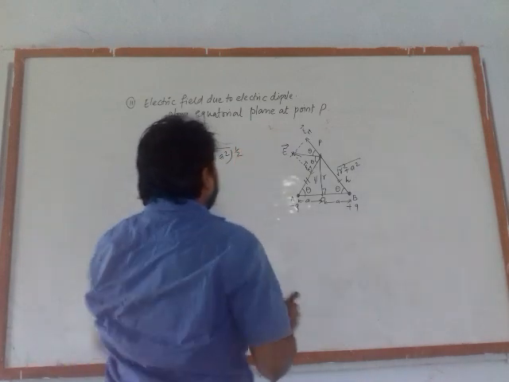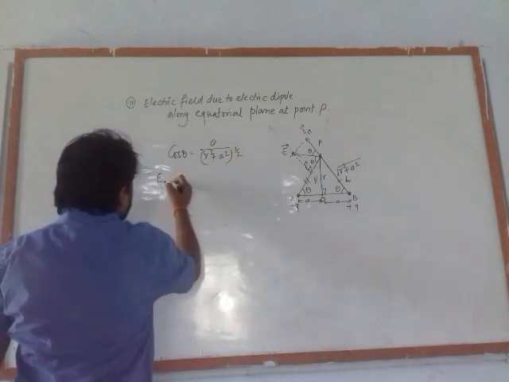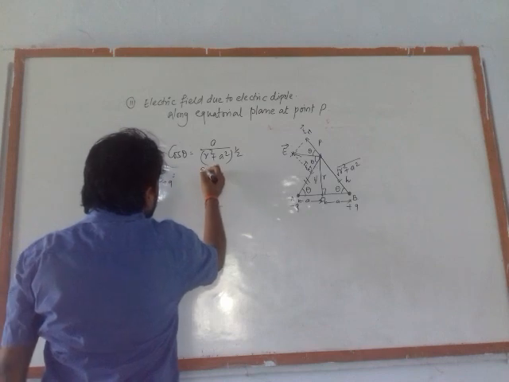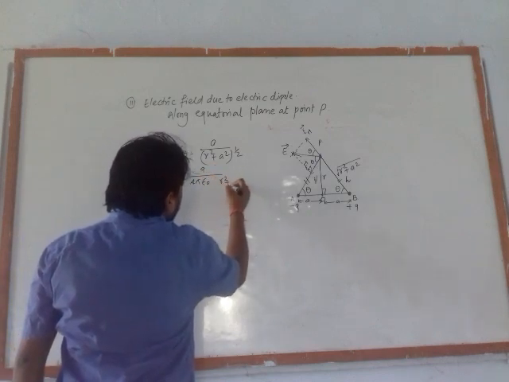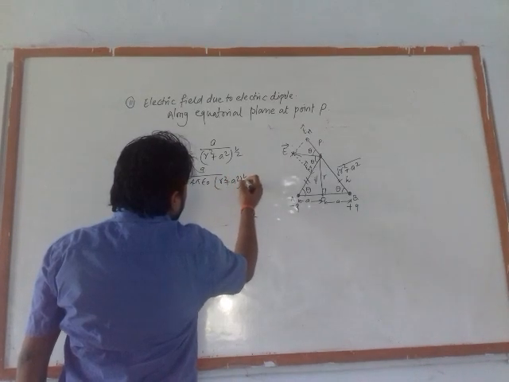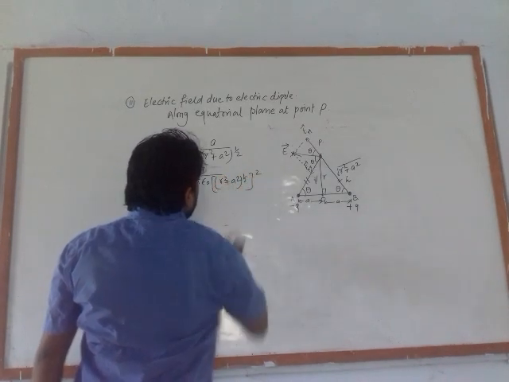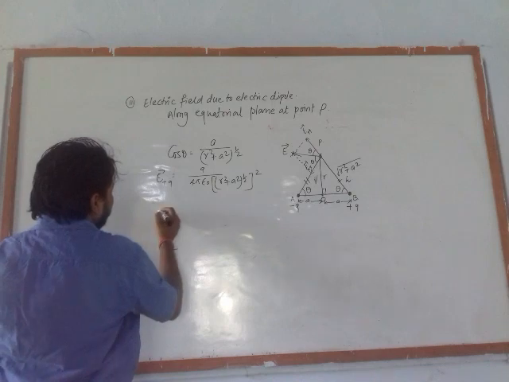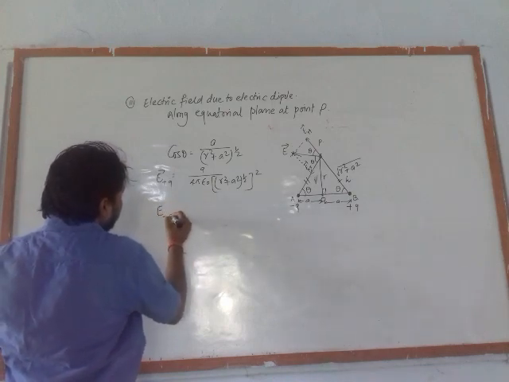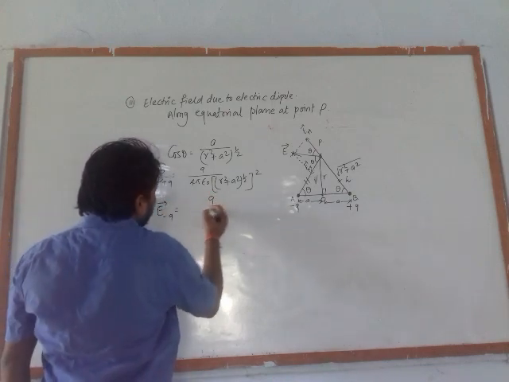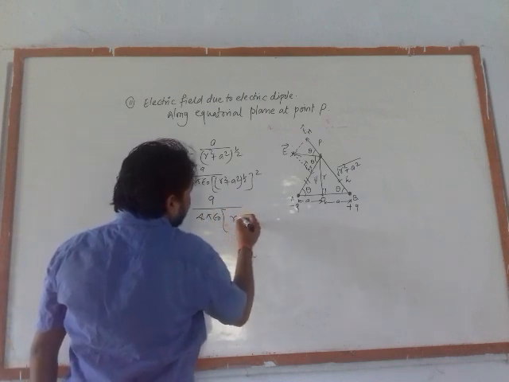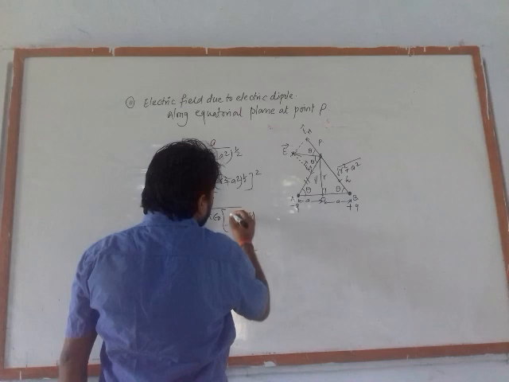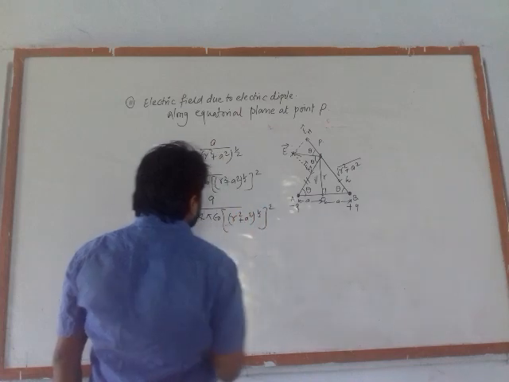Now let us find the value of E plus Q. So E plus Q will be Q by 4 pi epsilon naught, R square plus A square to the power half, the whole square. Then it will be the same for the minus Q also: Q by 4 pi epsilon naught, R square plus A square to the power half, whole square.